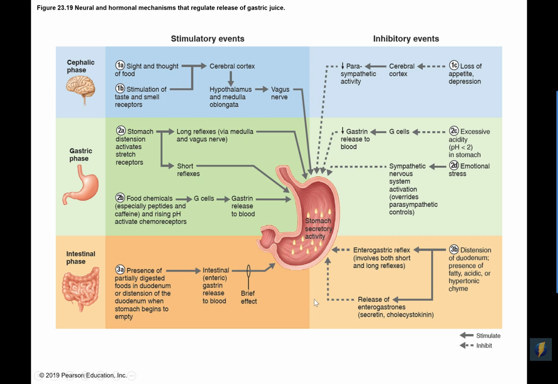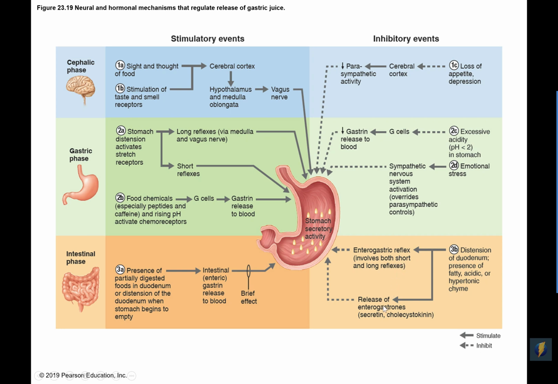And the intestinal phase is mostly an inhibitory phase. So I mentioned we get a little bit of gastrin from the small intestine that gives us one last little burst of secretory activity by the stomach, but very quickly that moves into activating more inhibitory events.